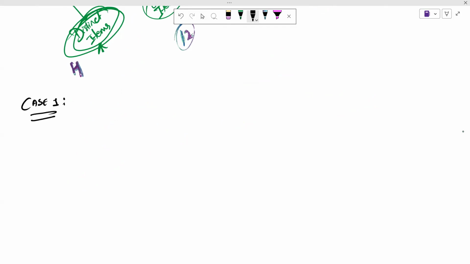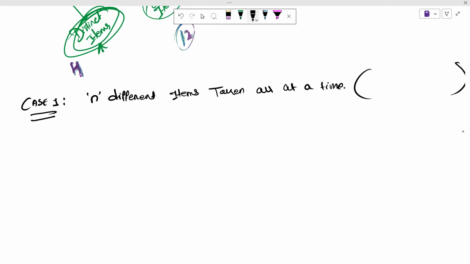Assume that here different items are taken all at a time. So here one condition is there: repetition is allowed. So now what to do here?